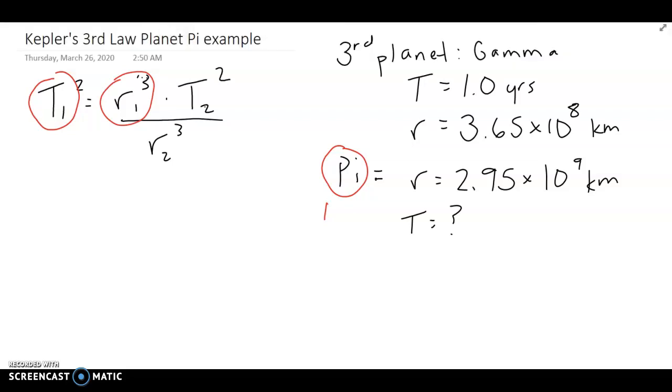And when we're talking about these two values, that is our Gamma planet. Gamma is planet number 2, so its values plug into this period value and this distance value. Then the exponents tell us what to mathematically do with the numbers we are given. That's the difference between subscripts and exponents.